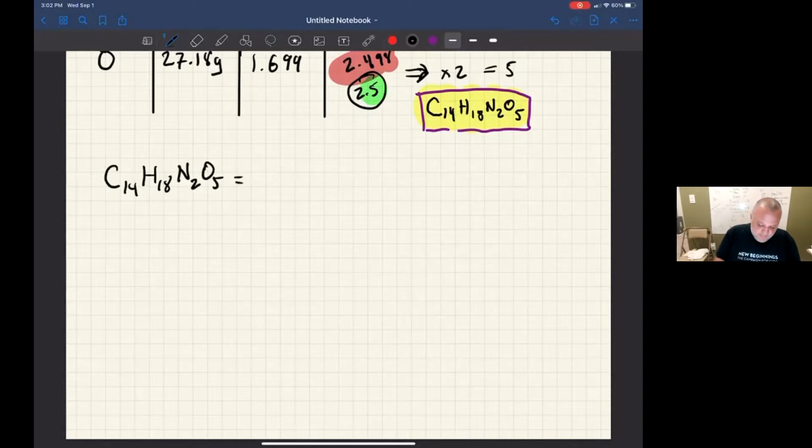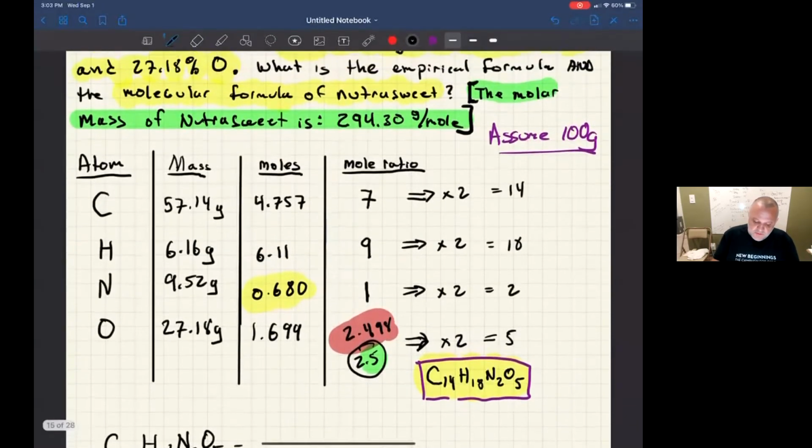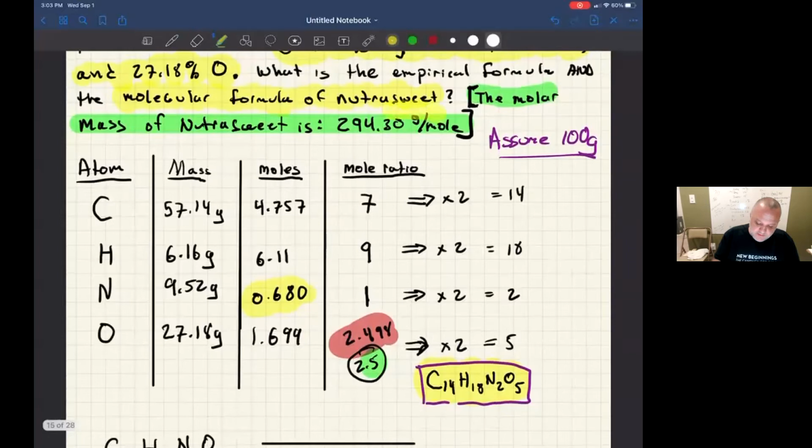If I add up 14 times carbon, 18 times hydrogen, 2 times nitrogen, and 5 times oxygen, what I get is 294.30 grams per mole.